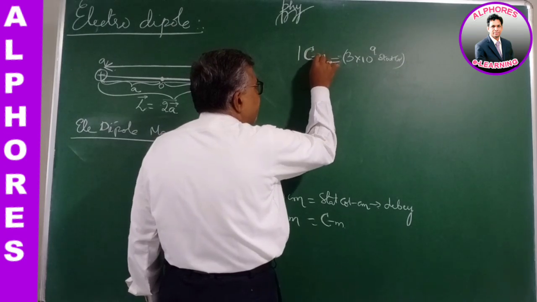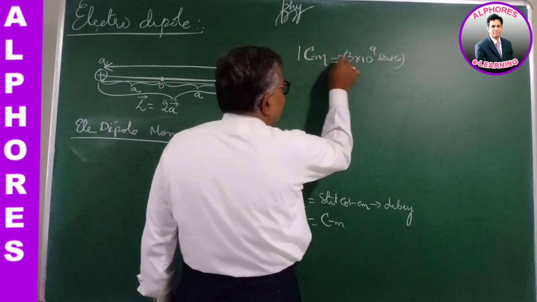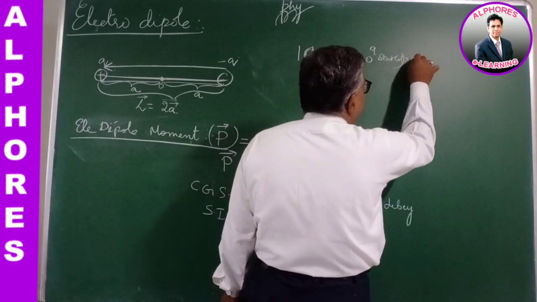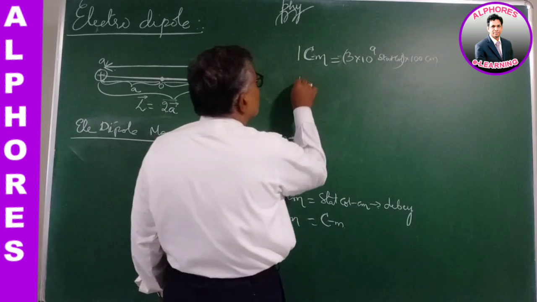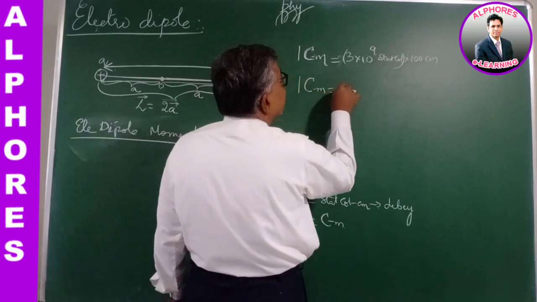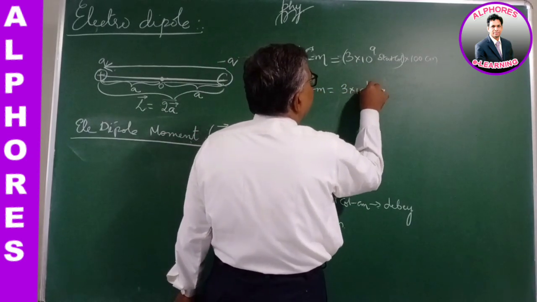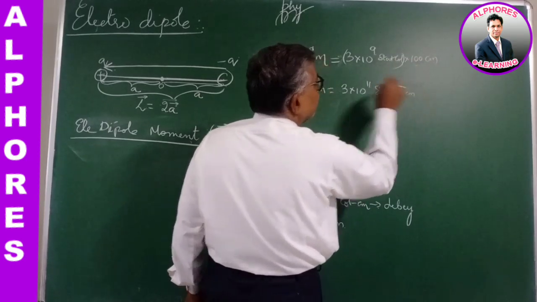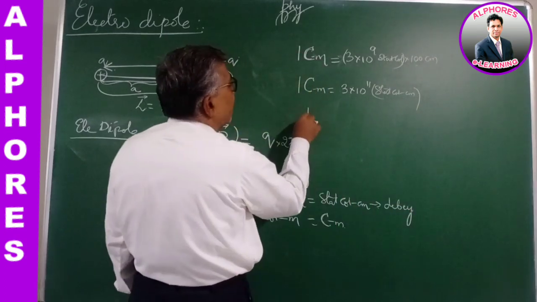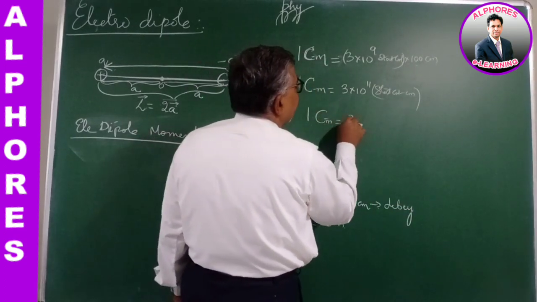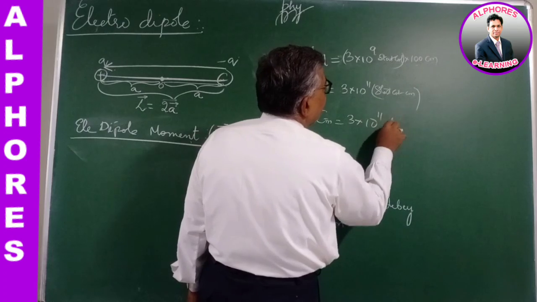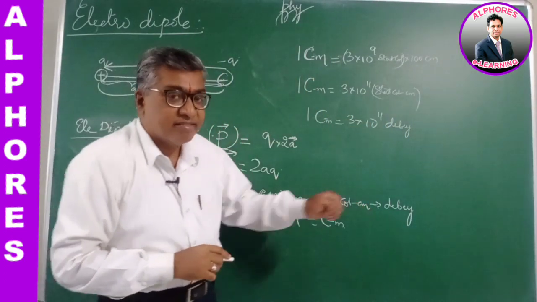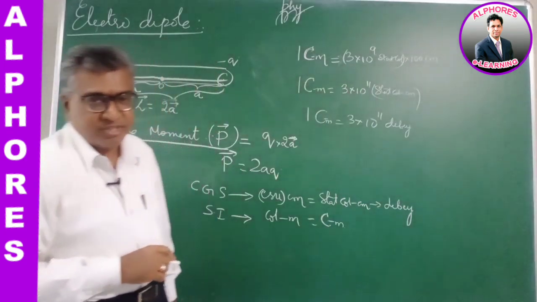So 1 coulomb meter is 3 into 10 power 9 stat coulomb into meter. A meter is 100 centimeters, so 1 coulomb meter is 3 into 10 to the power 11 stat coulomb centimeter, which is debye. So 1 coulomb meter is 3 into 10 power 11 debye in CGS units.